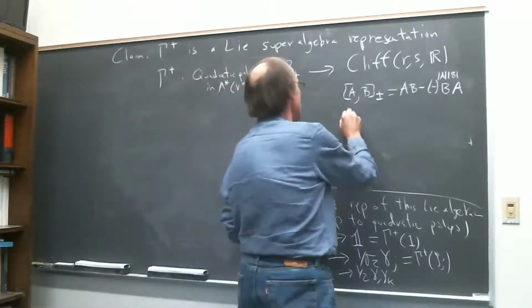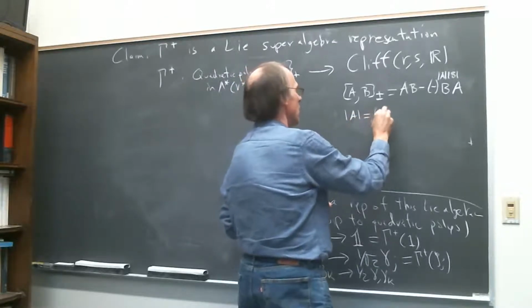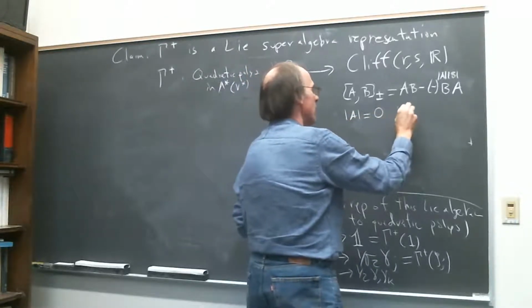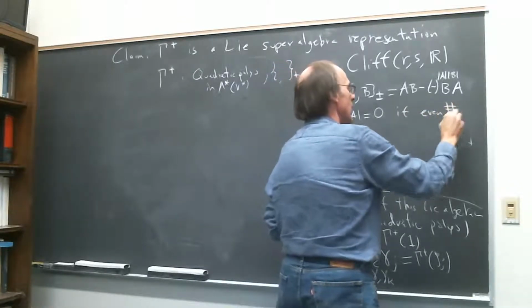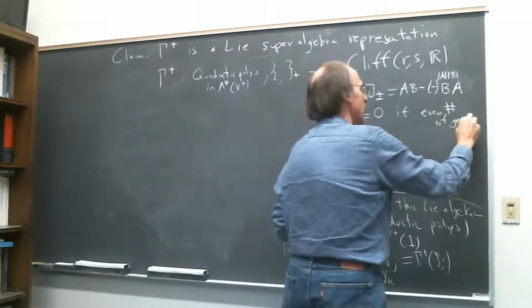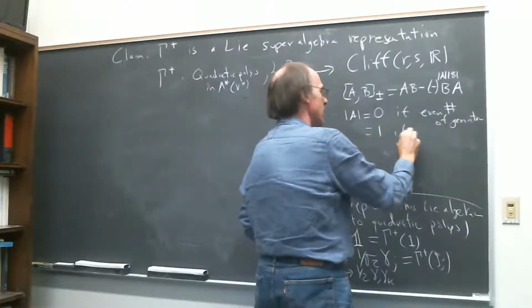And so the degree of A is 0 if there's an even number of generators, and 1 if there's an odd number.